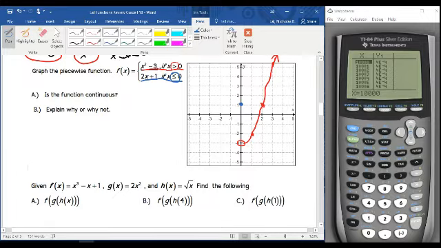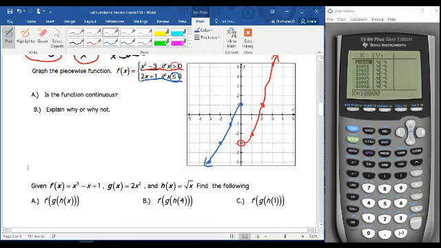We have a slope of 2, so we're going to go down 2, left 1, down 2, left 1, and I have this function right here. So that's the piecewise function.